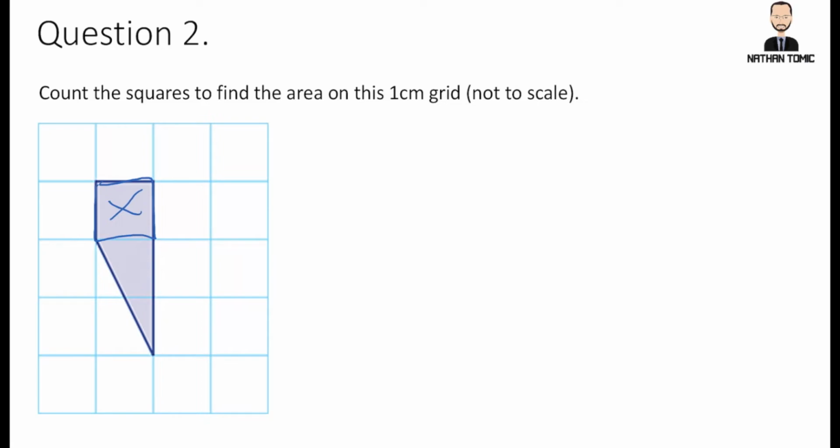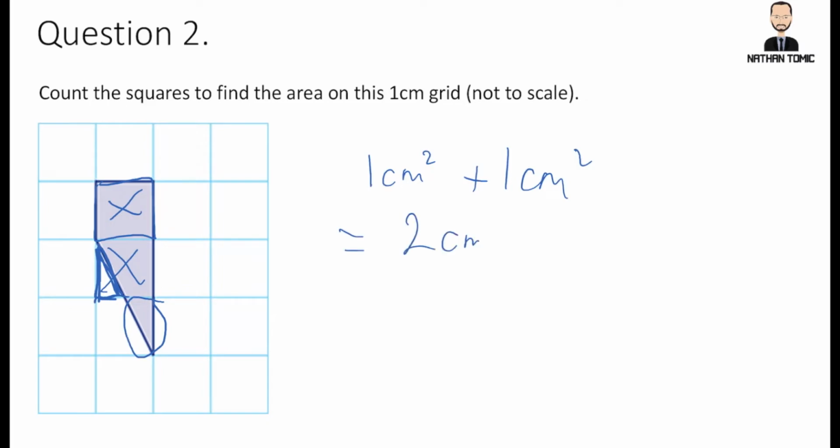Now if we were to take this section here and redraw it, it fills up this section here. So what we have is the equivalent of another full square. So if both of these squares are 1 centimetre by 1 centimetre, then we have 2 1 centimetre square grids. So we have 1 centimetre square plus another centimetre square, which of course equals 2 centimetres squared.